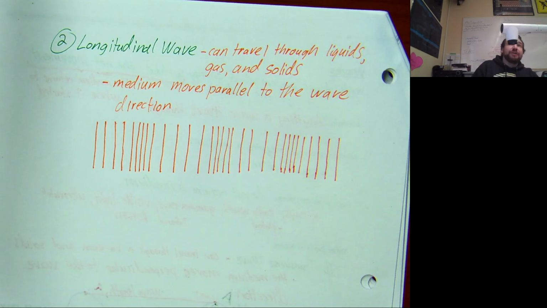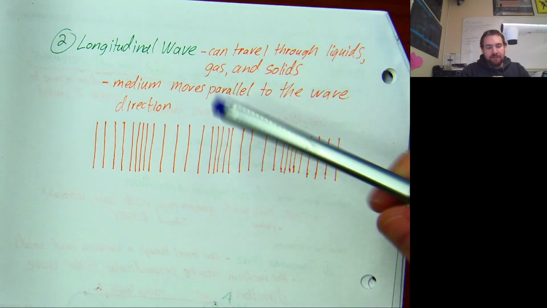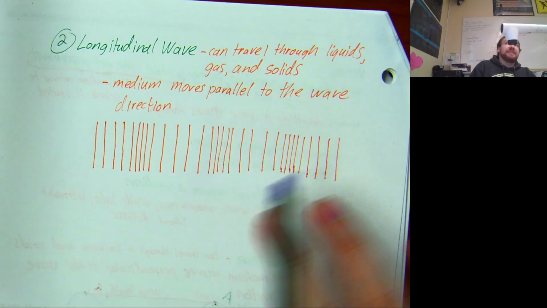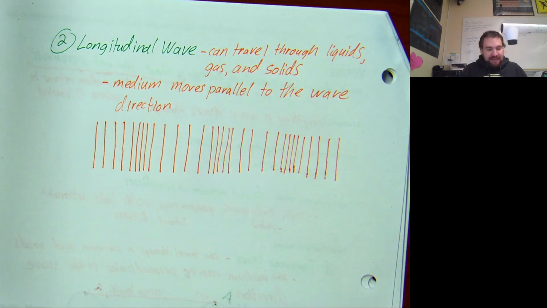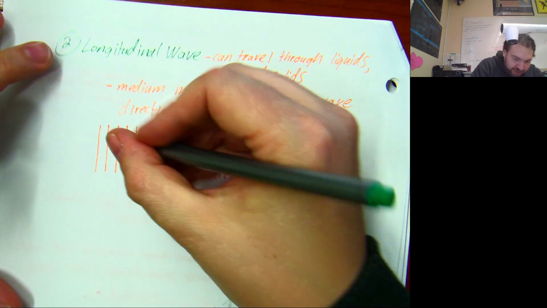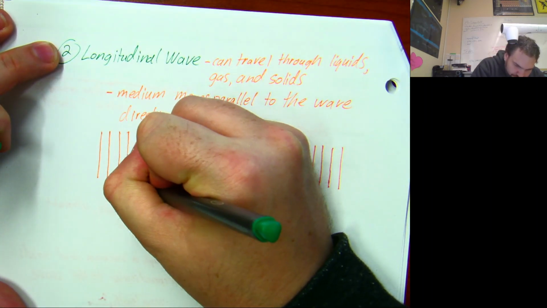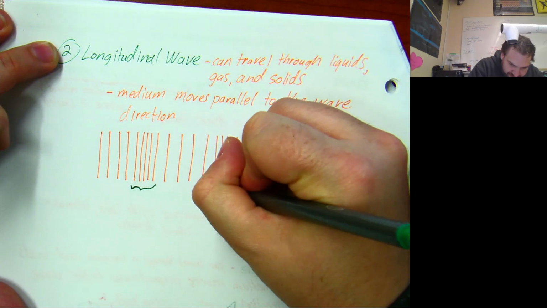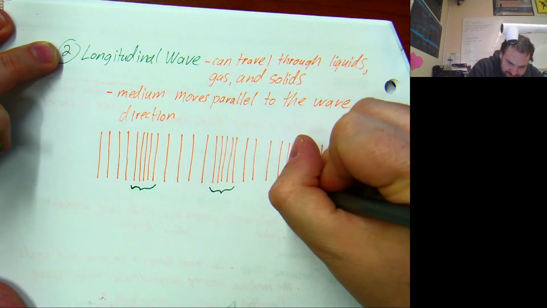Okay, so you can see here, guys, there are sections of this thing that are closer than others, and these guys get labeled similar to these other guys here. This section here, and this section here, and this section here.